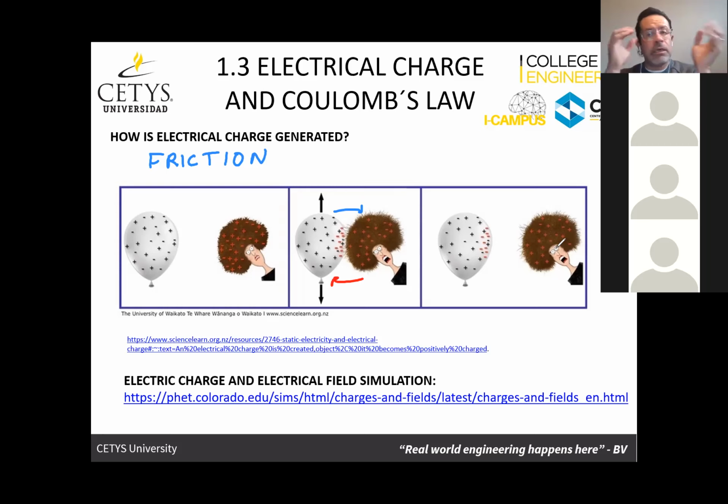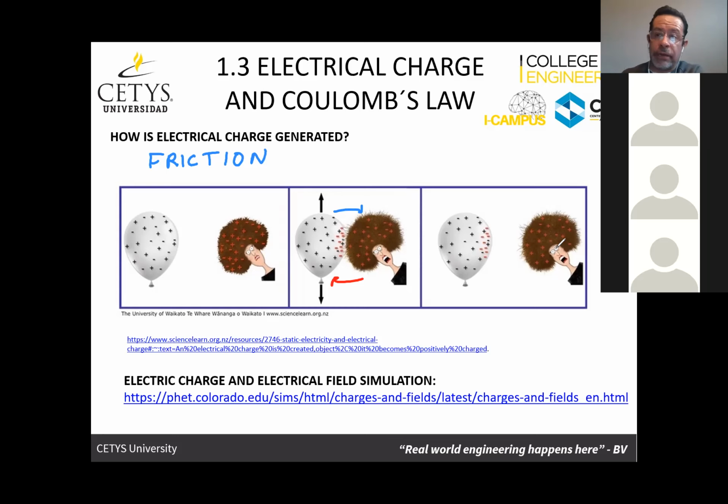There's going to be one surface charged with one polarity, and another surface charged with another polarity. I don't know if you've done the same exercise: you're rubbing the balloon, and the balloon sticks to the wall, but suddenly if somebody touches you, you discharge something because you've also been unbalanced with regards to your electrical charge.